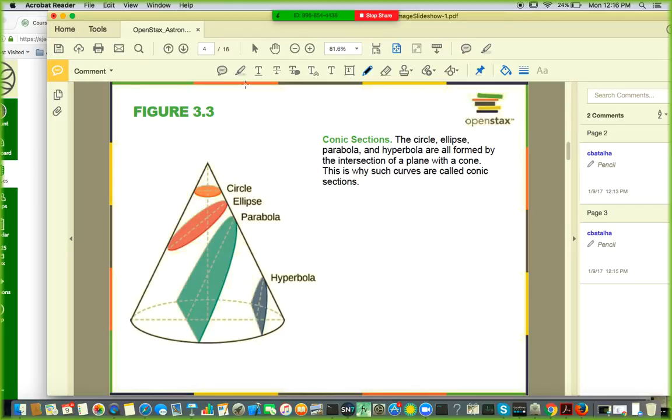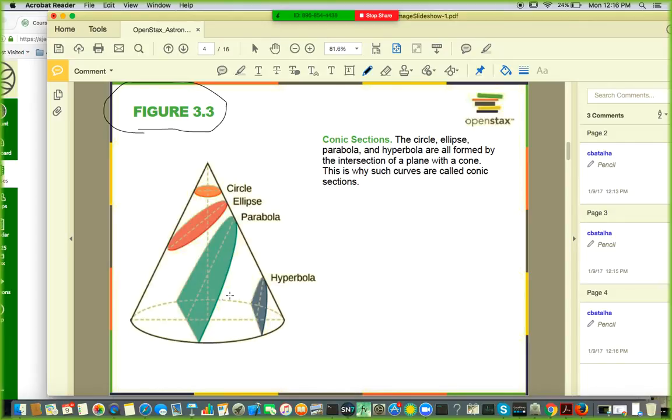And in this figure here, 3.3, it shows, in a way, imagine this is a cone, like the cone hat that kids wear at birthdays, or clowns, a cone head.